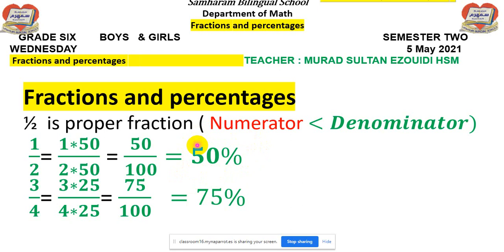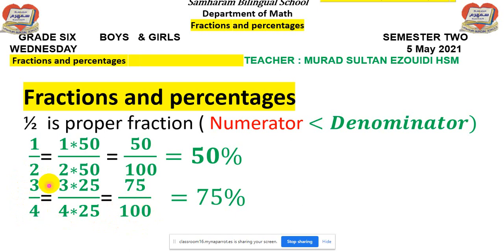The second one, 3 over 4. This is a fraction, my learners. I want to convert this to a percentage. So I need to find an equivalent fraction that has the same value, but the denominator should be equal to 100.